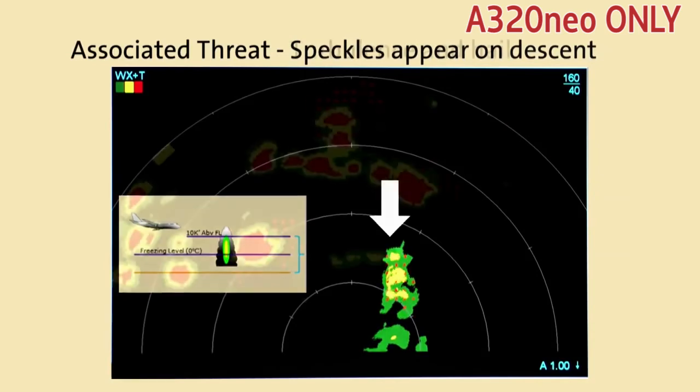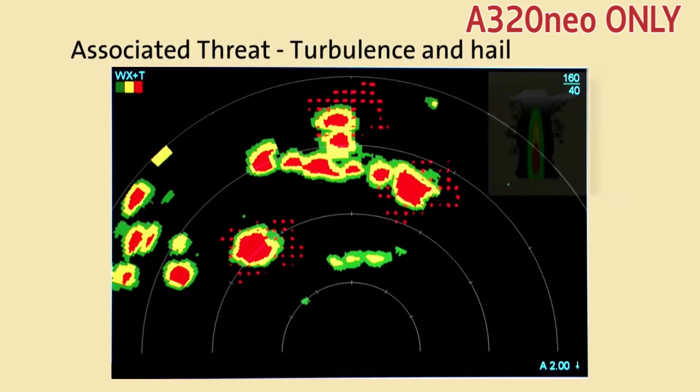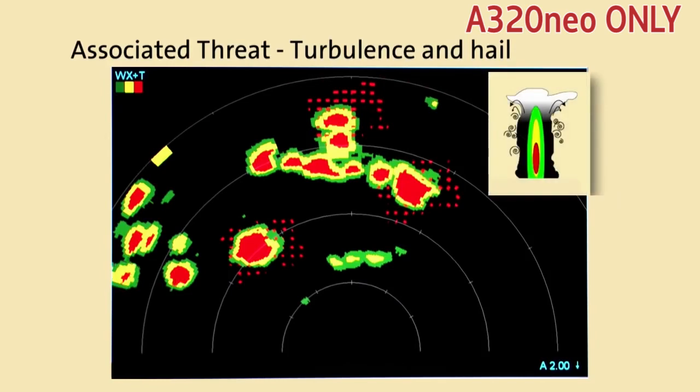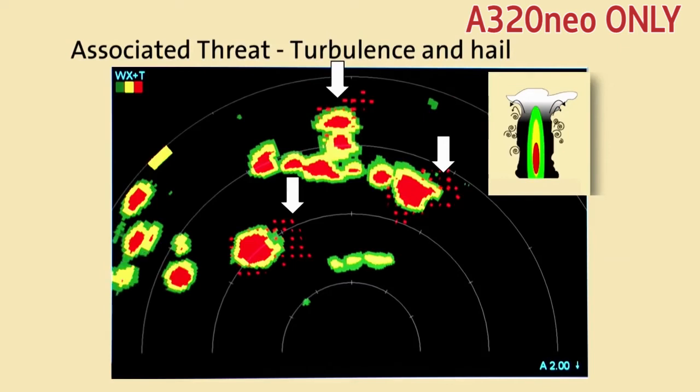Remember that in the case of a mature cell-associated threat warning, turbulence and hail may extend well outside the cell boundary. Hail can be lofted out the top or sides of the cell, and shear effects may create significant turbulence as well. Therefore, MultiScan ThreatTrack extends the warning area outside the cell boundary to denote the increased threat of a mature cell.